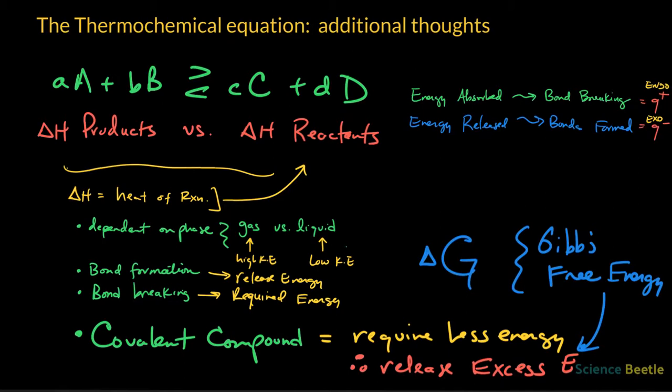We need to put those three together, and you'll see that come up in a video that we'll do a little bit later, that will put those items together as one large equation so that we can see fully how temperature and entropy, or the movement of those particles, are tied not only to the kinetic energy of those particles in solution, but also whether that's going to allow this reaction to progress spontaneously or not, and if there's any heat released as a result of that reaction. All of these are important concepts for us to know, and so we'll continue to build this for you as we move forward.